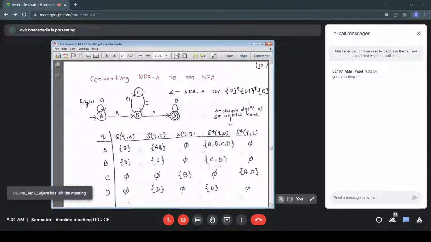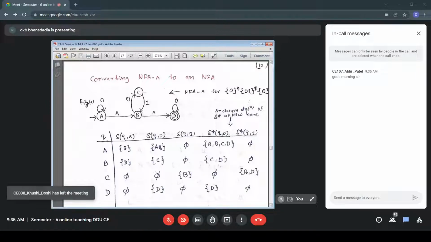Now, when we convert NFA-null to NFA, the number of states remains the same. That is rule number 1. When we convert NFA to DFA, there is an increase in the number of states, and that number depends upon the number of subsets.